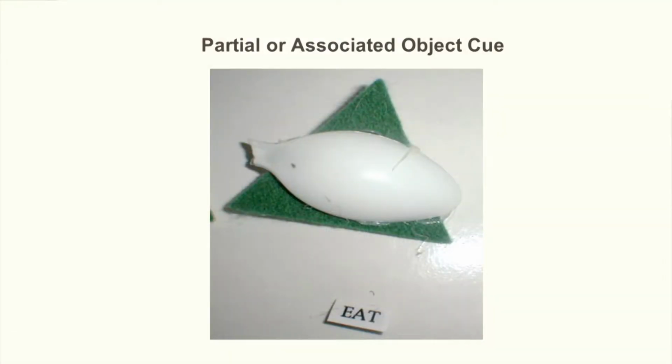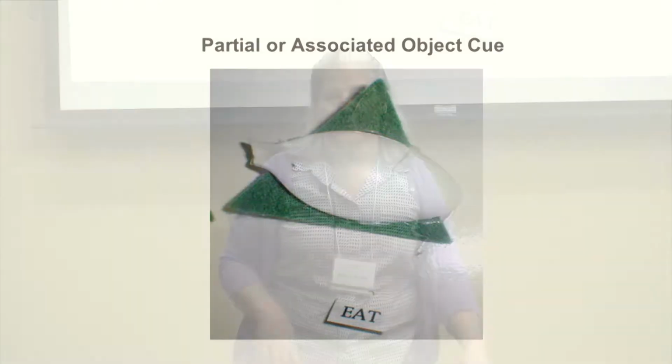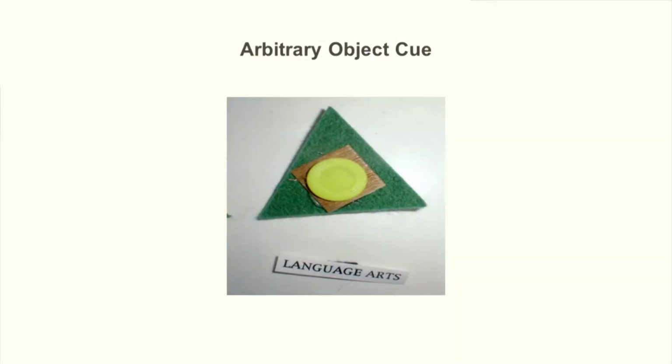Okay, so partial or associated. This is a little piece of a spoon, glued onto the back, and it just means eat. And I think that's maybe action verbs or something. I don't know. Arbitrary cue: this means language arts, because what else?